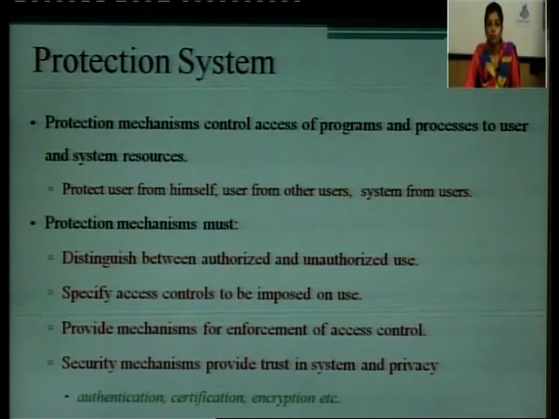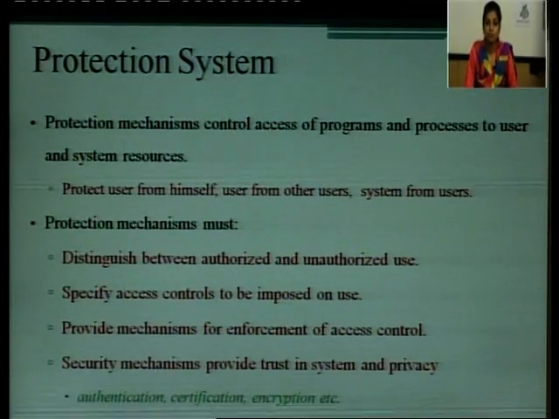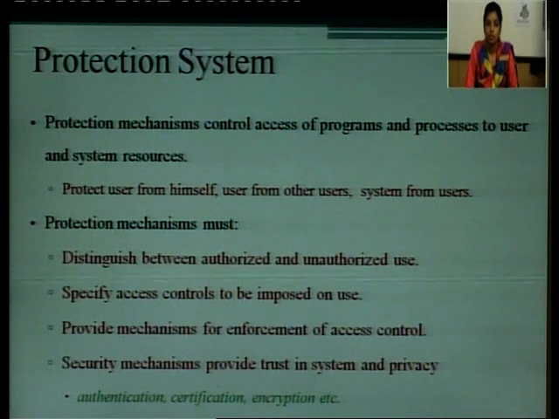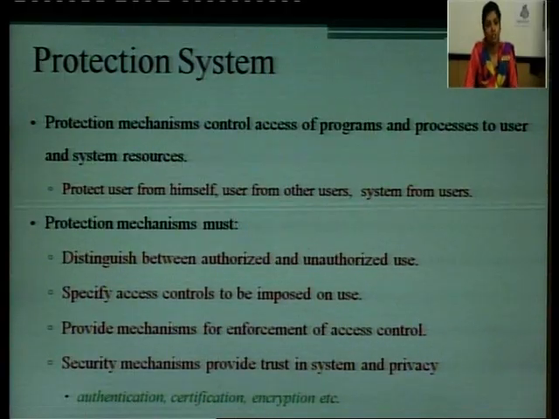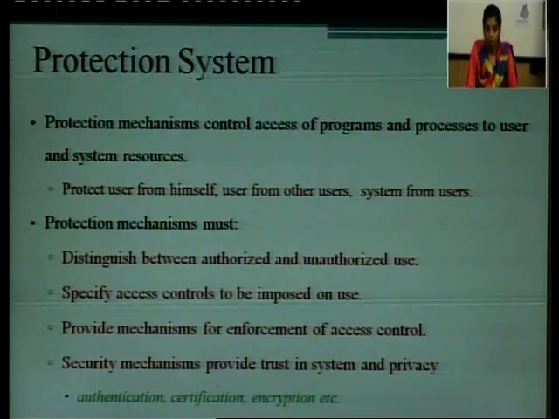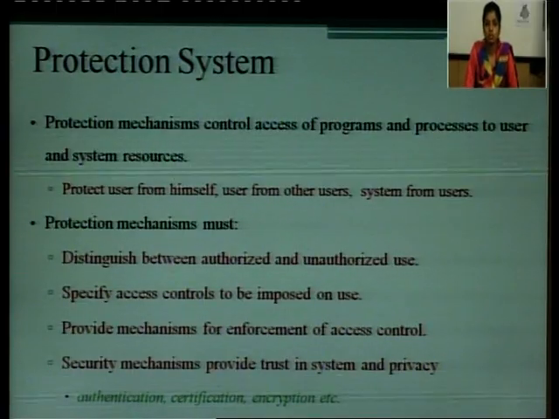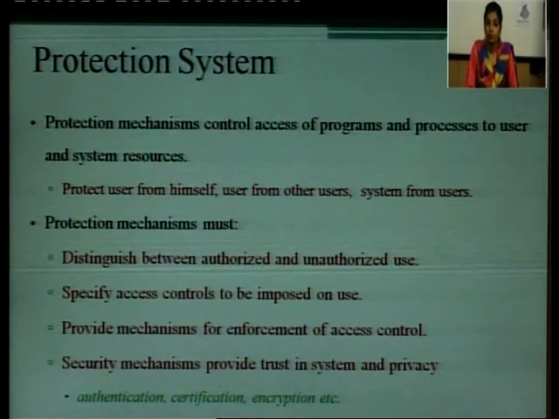Provide mechanism for enforcement of access control. Security mechanism provides trust in the system and privacy: authentication, certification, encryption. So these are overall all the responsibilities of the operating system.